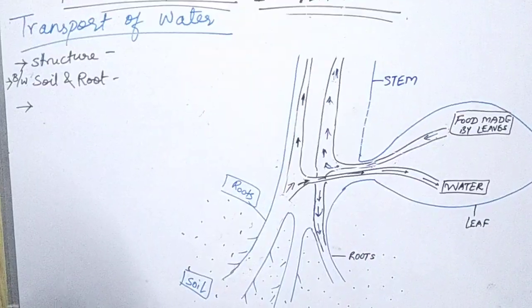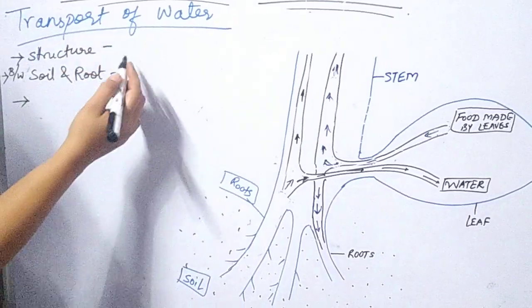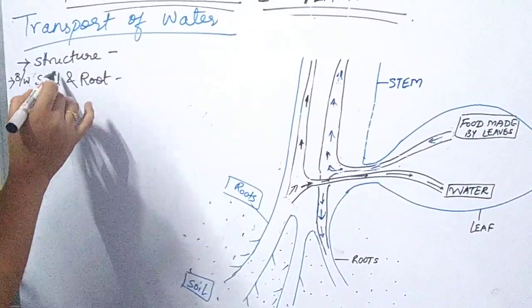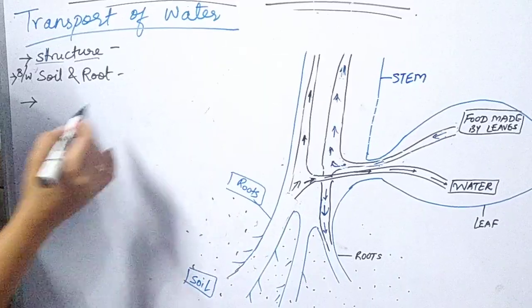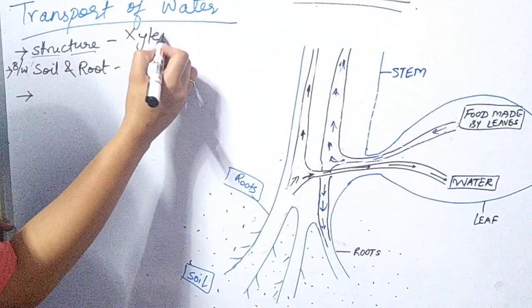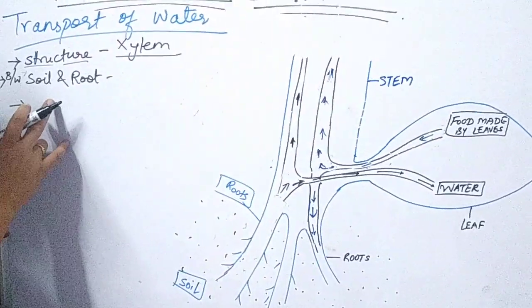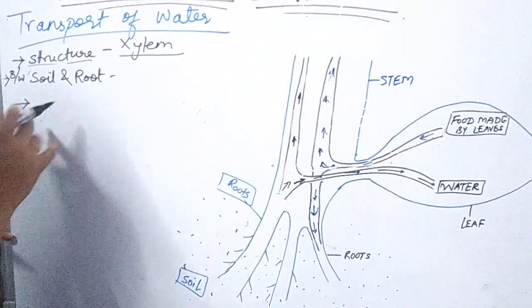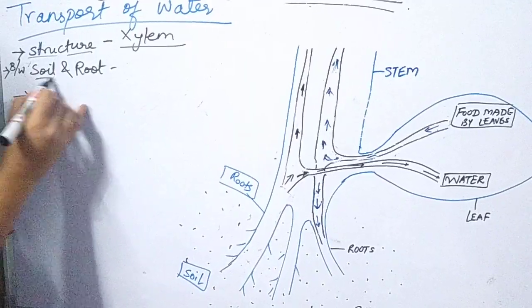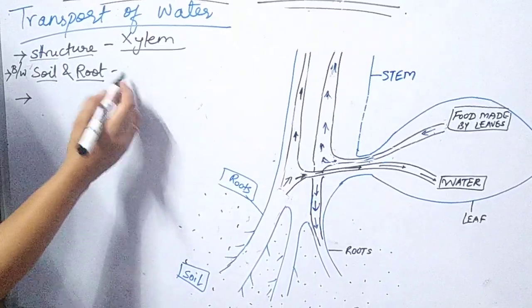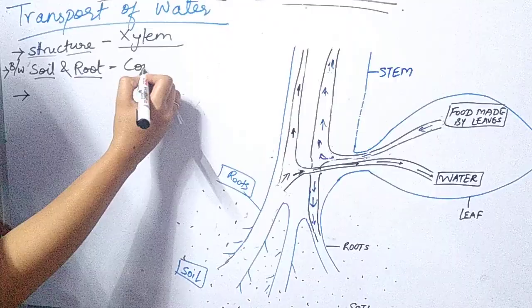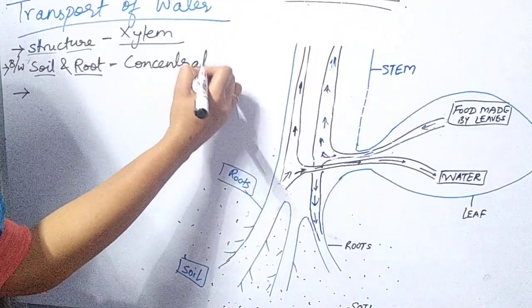Next. Yes. Now let us discuss transport of water in plants. Which structure is responsible for this? As we have discussed, the xylem structure. These are tube-like structures present in the plant stem and veins of the leaf. Second, between the soil and root, there is the development of a concentration gradient.